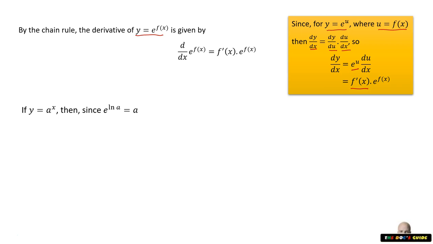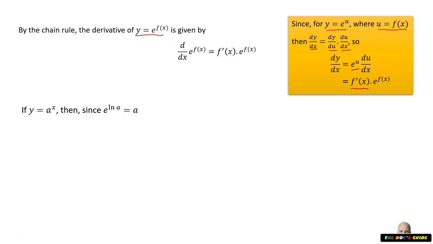Now, if y equals a to the x, so in this case we're differentiating an exponential where the base is not e, then it's more complex. We probably only need to remember the final result, but we need to, again, think about it in case we're stuck.